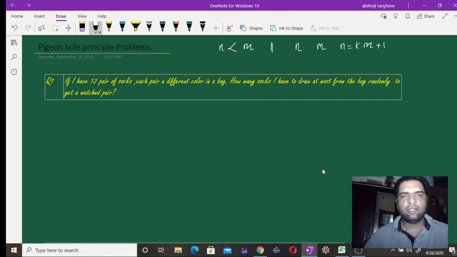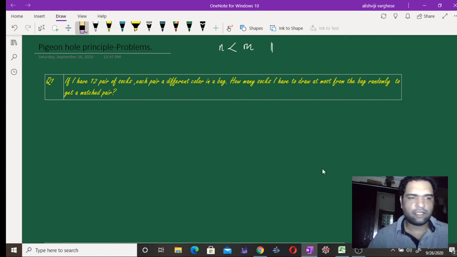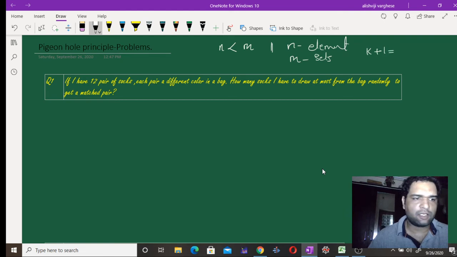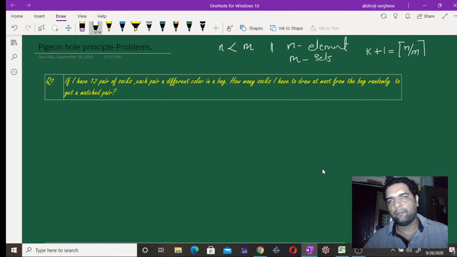Or in other words, if you have n elements distributed among m categories or sets, then at least one set should contain k plus 1, which is equal to the ceiling function of n by m, elements.